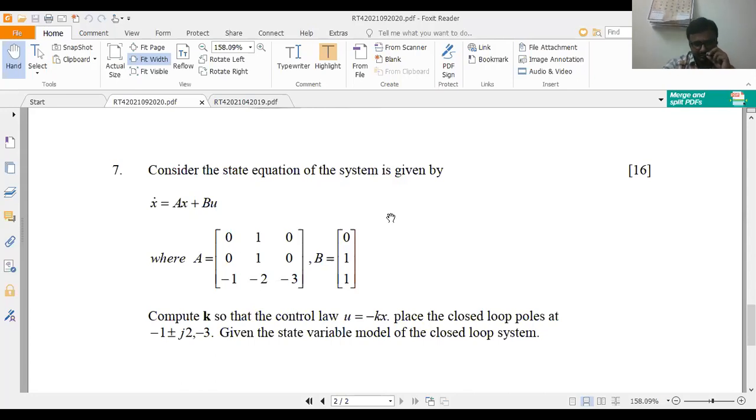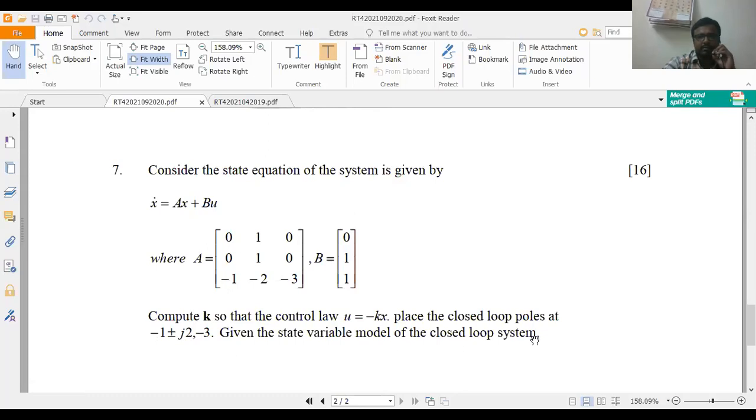Up to now we have discussed this particular topic. So try to concentrate on this one. Why? Because with the solution of one problem you are going to secure 16 marks. Same problem: matrix A and matrix B are given, and the closed loop poles we have given are -1 plus or minus j2 and -3.